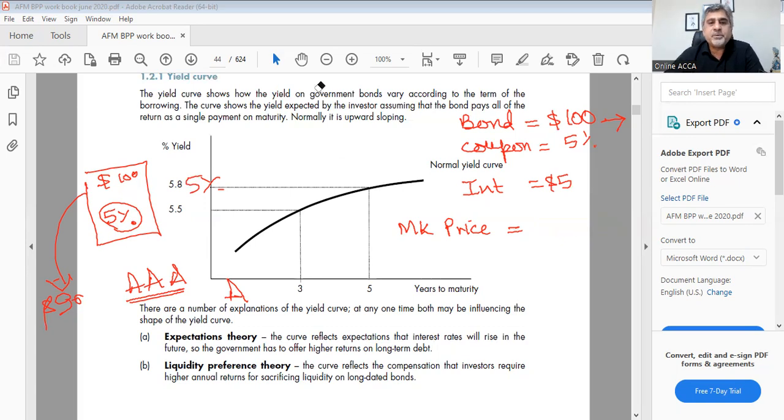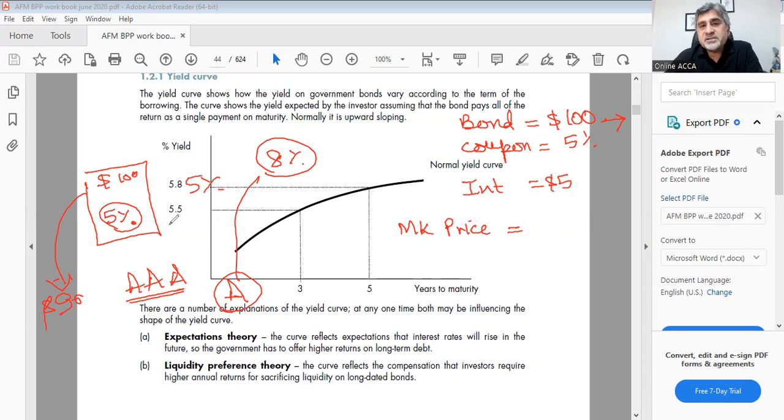For example, they say, this is an A bond, and A bonds should be giving 8%. Nobody would invest in single A at 5% because AAA was 5%. When it is A, it should give me 8%. So can I go and change this 5 to 8? Of course I cannot. Legally, it is only 5.